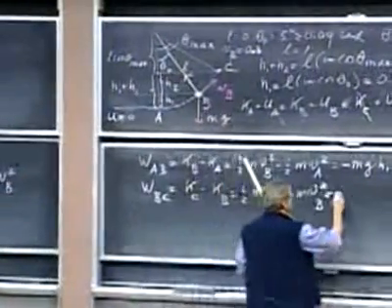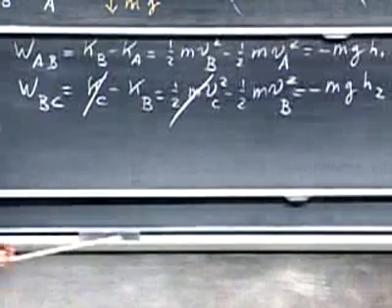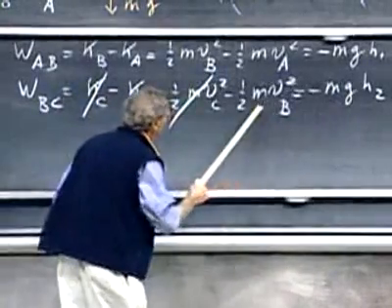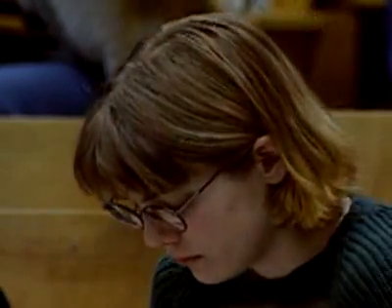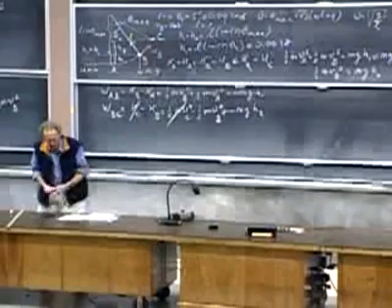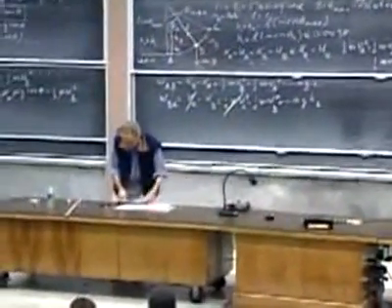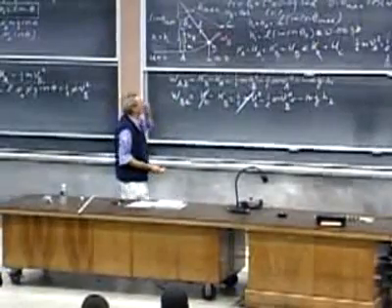So this equals minus mgh2. This is 0. And so you see what you see here is exactly what you see here. The two are identical. And so you could have used the work-energy theorem, or you can use the conservation of mechanical energy. That makes no difference.